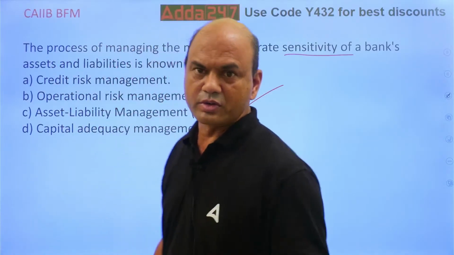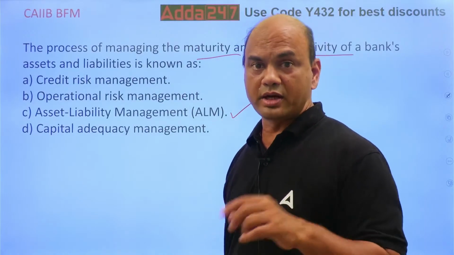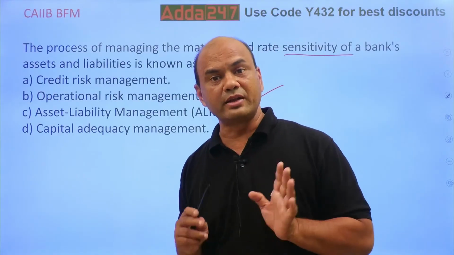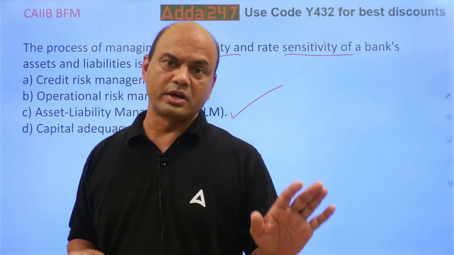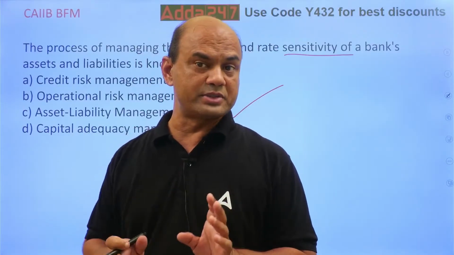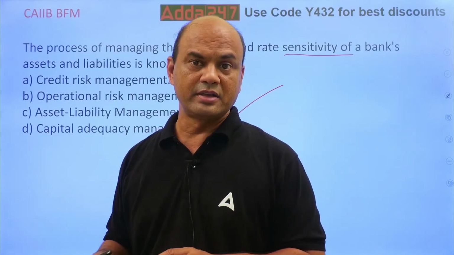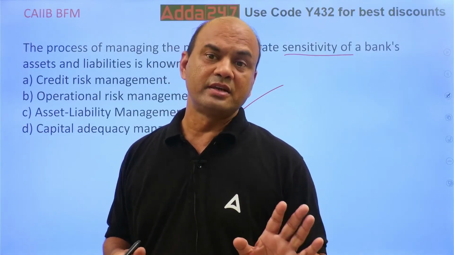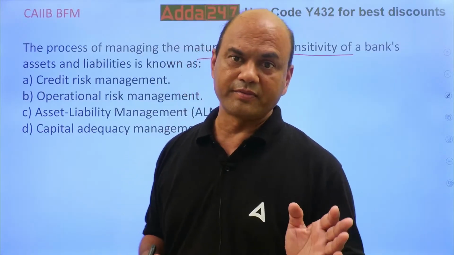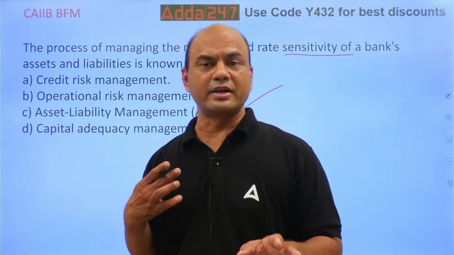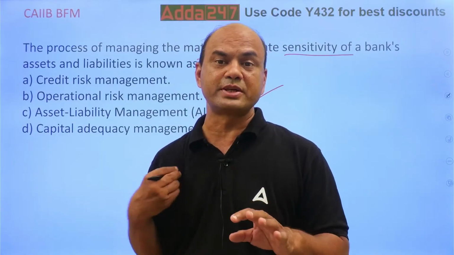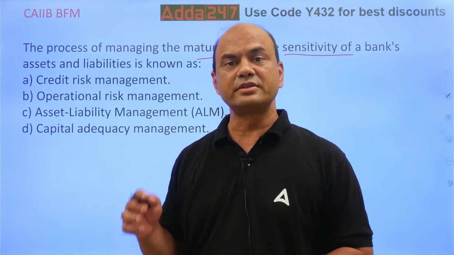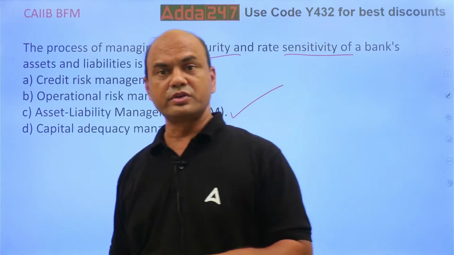One is maturity and second is your ROI, rate of interest, or yield as you call it. These are the only two things which matter in treasury. There should not be a mismatch in the maturity profile between your assets and liabilities, meaning loans and deposits. They should match with each other, at least to the percentage given by RBI. Generally it should match 100%, but at least the percentage prescribed by RBI. Number two, interest rates, meaning yields, should also match.